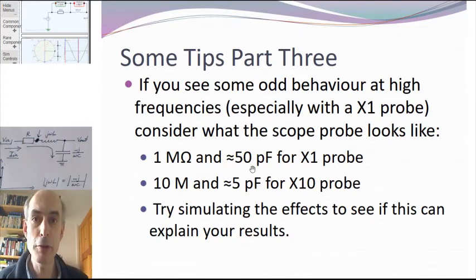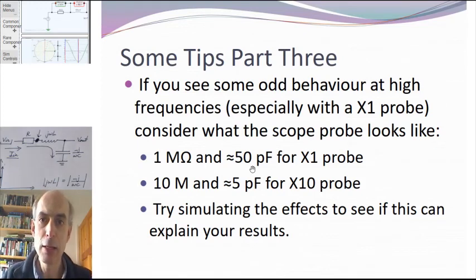It's something that's worth trying in the simulator, just to see how big an effect this can be, especially at the higher frequencies. Also note that most of this additional capacitance doesn't come from the oscilloscope itself, it comes from the cable connecting the probe to the oscilloscope. Just that length of cable has an appreciable capacitance.